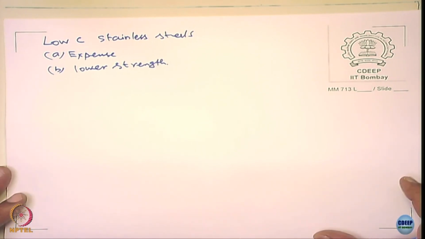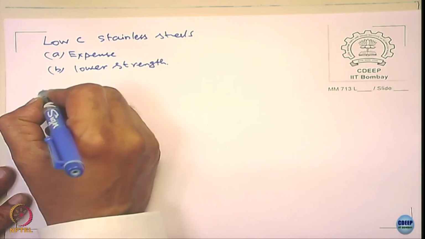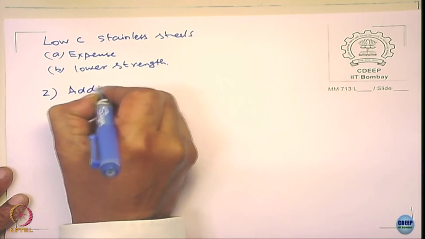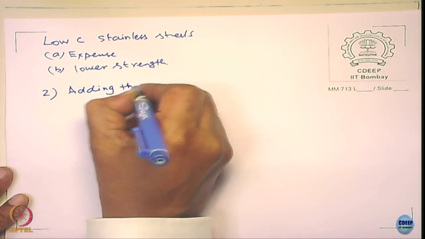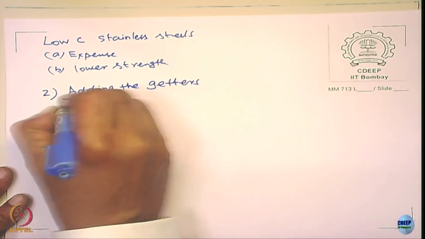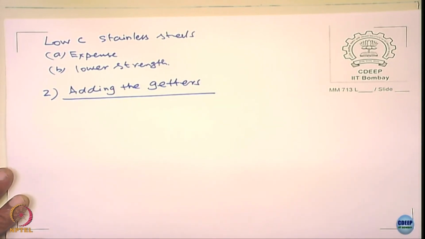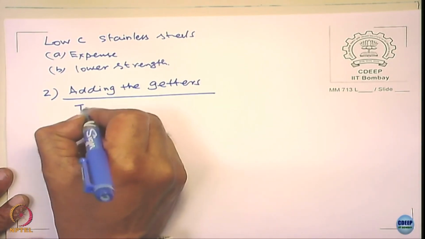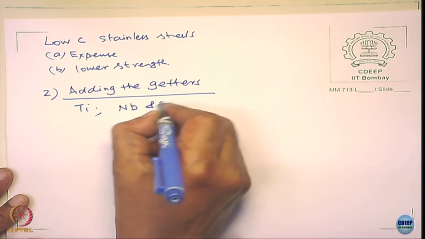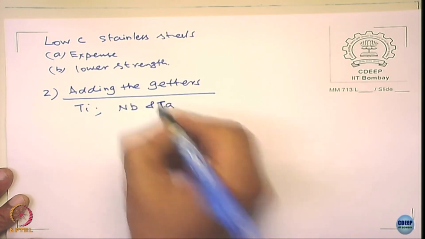So, what people talk about is the second concept, adding the getters. What are they? Titanium, niobium, tantalum.